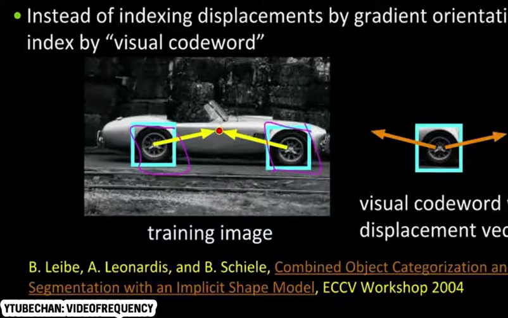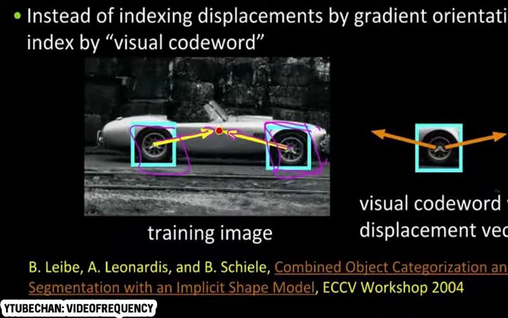In the same way as with the gradient, when I first find it here, I say, okay, there's a displacement vector to the right like that, and I'll put that in a table that's indexed by the feature patch. Then I found it again over here, and it has a displacement vector to the left like that. So I put that in the same table, and in fact it's indexed by the same feature type.